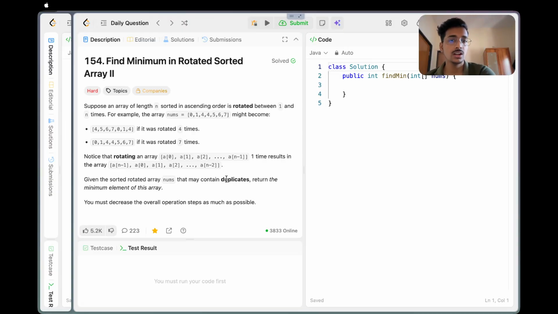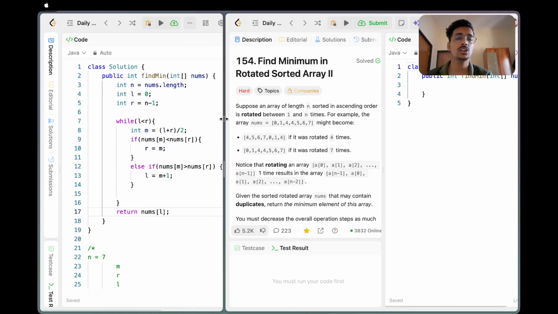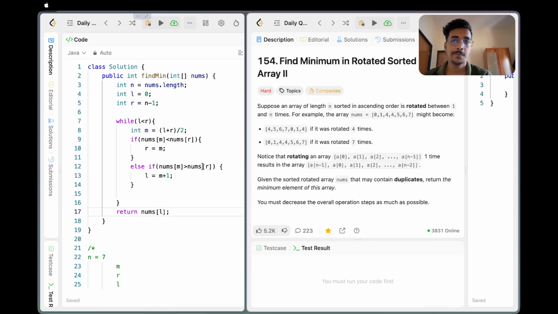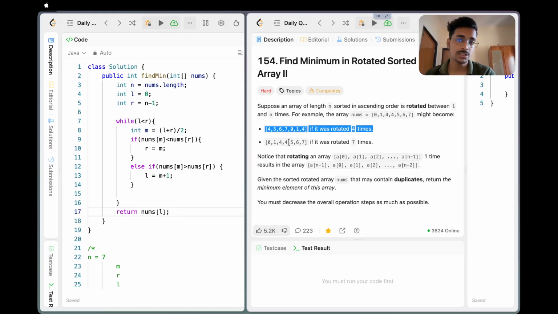I'm thinking. Why will our previous solution not work? Let's say this is the problem, this is the array.